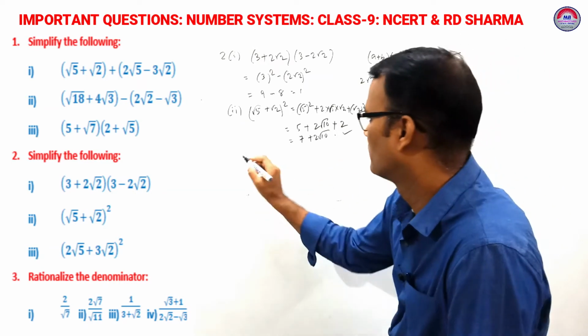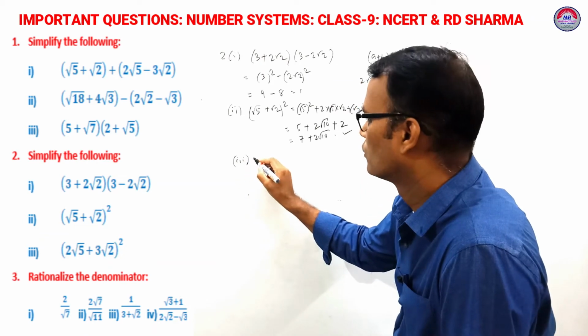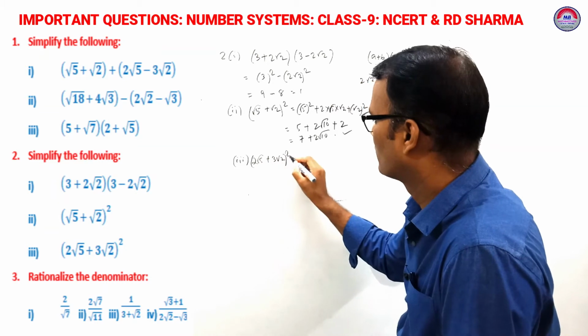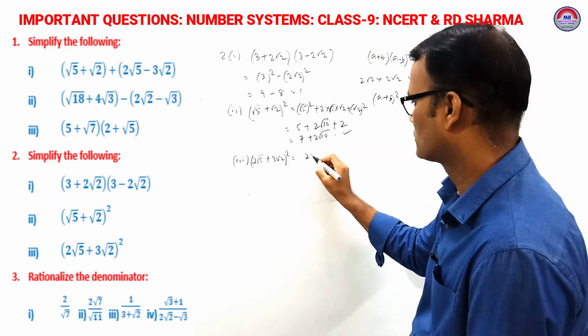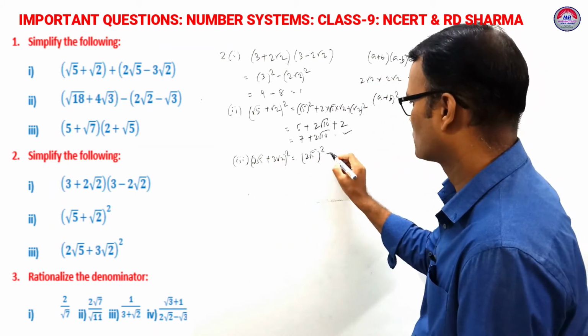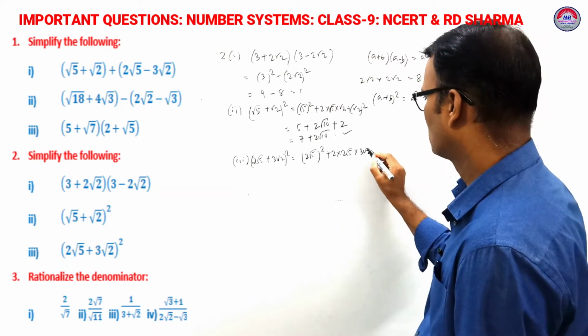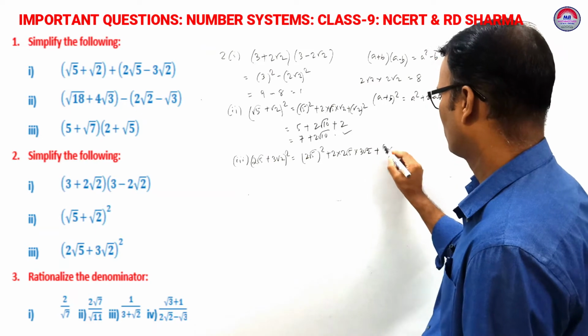Third, whole square. Again a plus b whole square: 2 root 5 plus 3 root 2 whole square. A square plus 2AB plus B square.